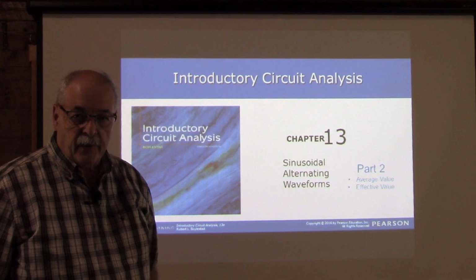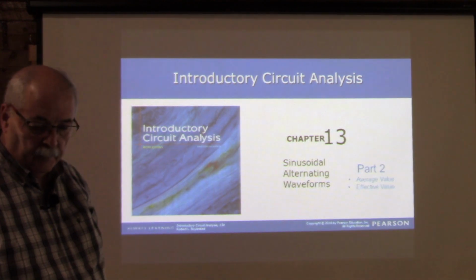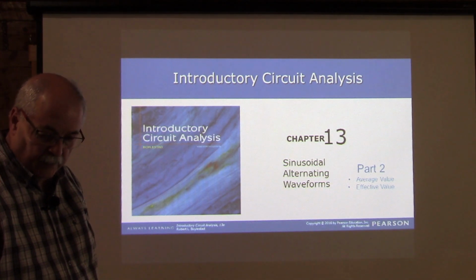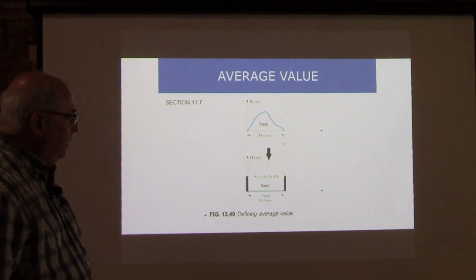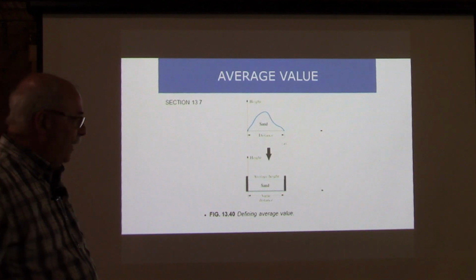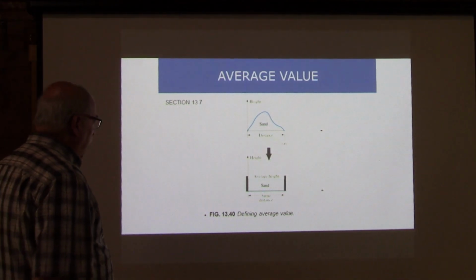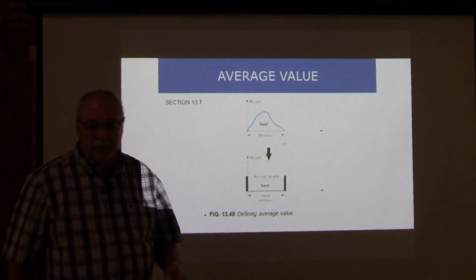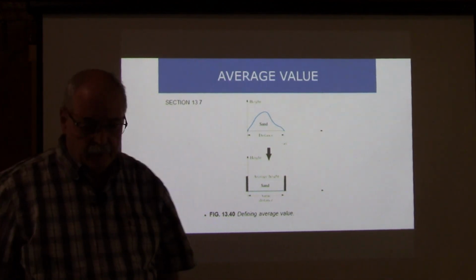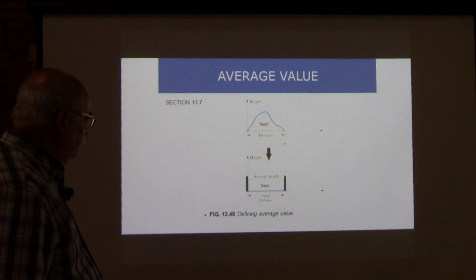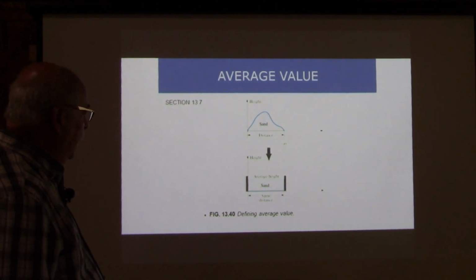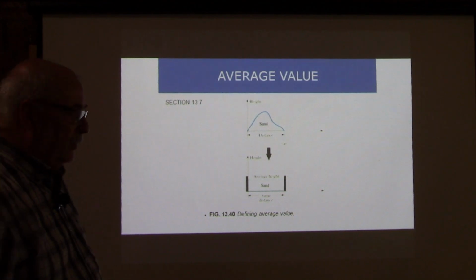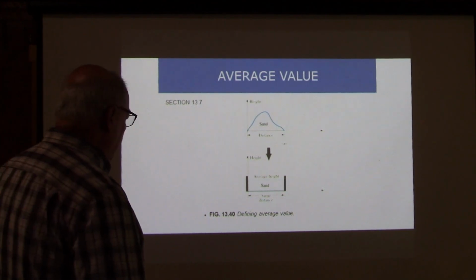So the average value. Let's talk about averages first in general. Here's an example of an average of a pile of sand. It has an odd shape, and it kind of looks like a pulsed side of one half of a sine wave, a little distorted. What is the average height of that pile of sand? Say there's a bucket that we're putting it in, and it has a certain width.